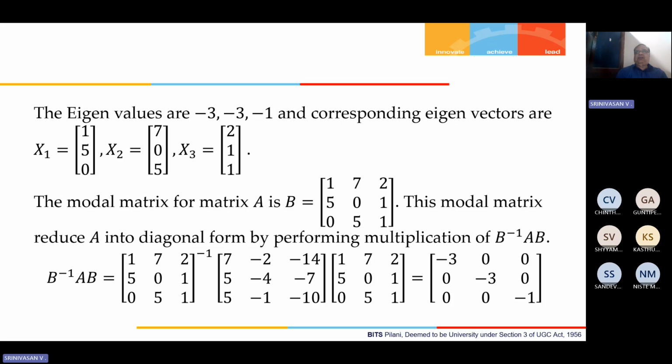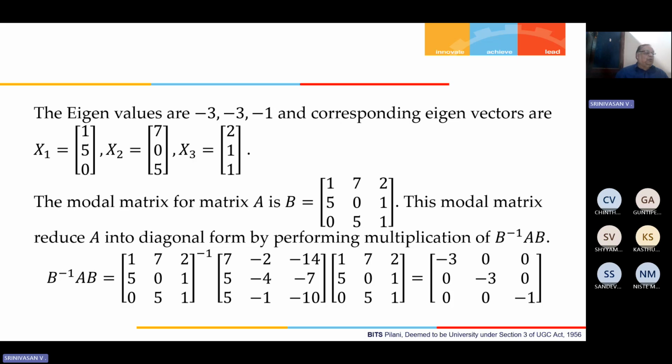So next you can take lambda equal to -3. Similarly, you will take two equations, don't take two identical equations. Similarly, you can find the proportional values. See, when lambda equal to -3, I'm getting only one equation. The other two equations are one and the same.